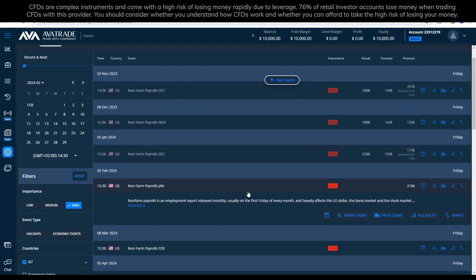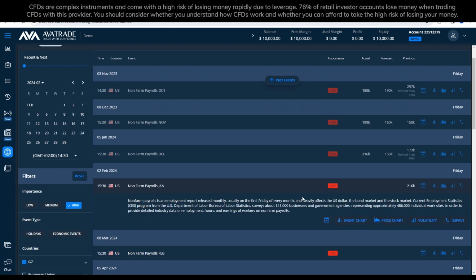Now, in which way can we know if it's going to be affected positively or negatively? Because when I'm looking at this number, it looks pretty good to me. 216,000 jobs, that's amazing for the economy. It's very good, but we are comparing it to what we expect.